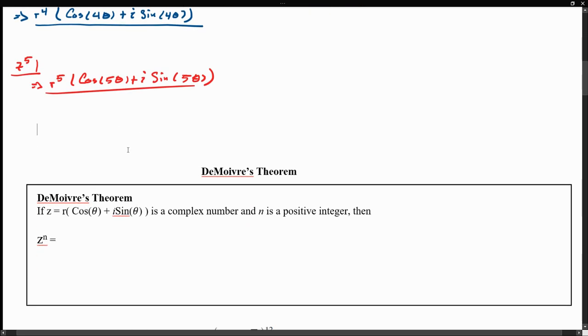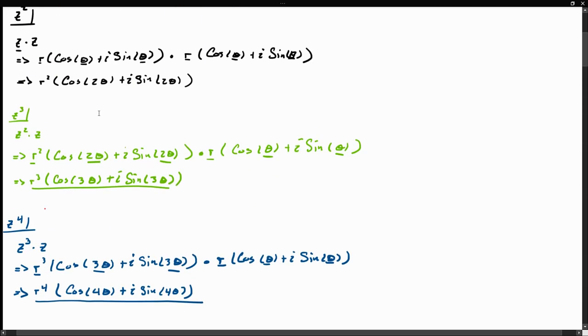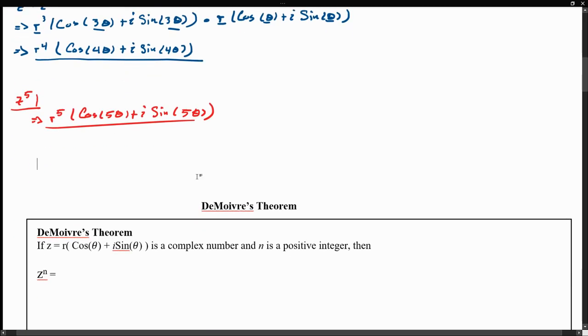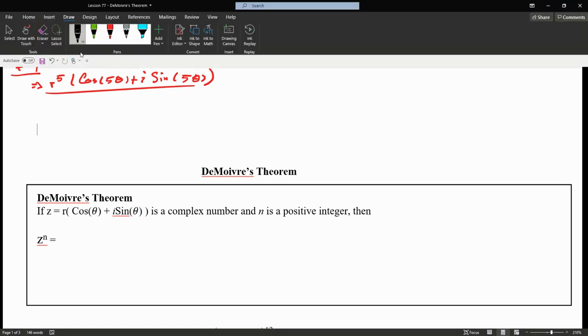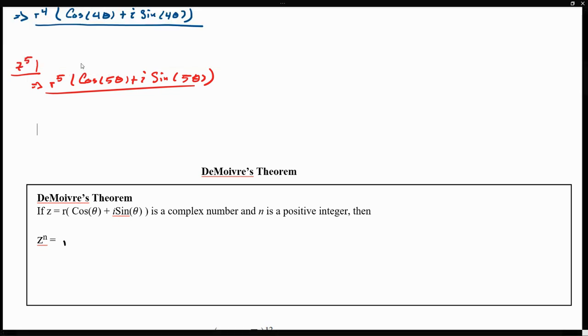And the general form for this observation is what we refer to as DeMoivre's theorem. DeMoivre's theorem says that for any complex number, which we can define as r cosine theta plus i sine theta, when we raise that same number to some exponent n, the result is going to be r to the n cosine n theta plus i sine of n theta.